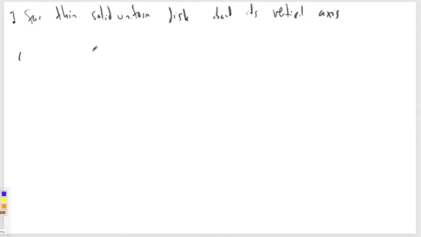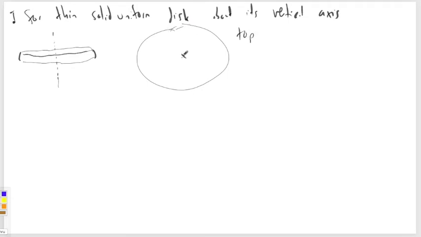So here is my disk. And here is the vertical axis of rotation, just like that. Once again, let me draw a top view. Here's the axis of rotation.